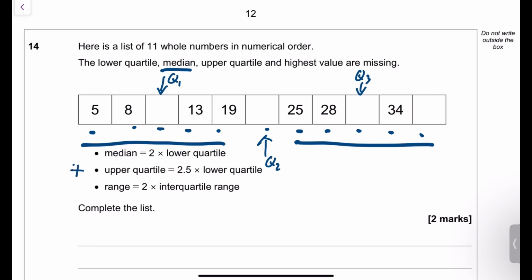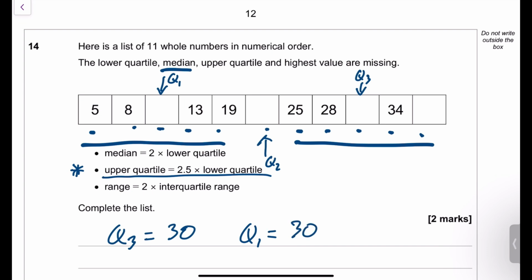I'm going to start with this one. I haven't a good way of doing this. This is sort of trial and error. My upper quartile, I'm going to try something between 28 and 34, and I'm going to make it 30. I've done that because the upper quartile is related to the lower quartile by 2.5, so it's 2.5 times as big.